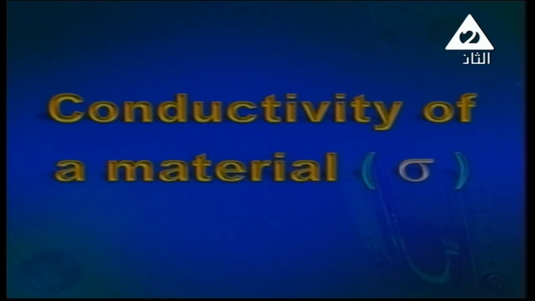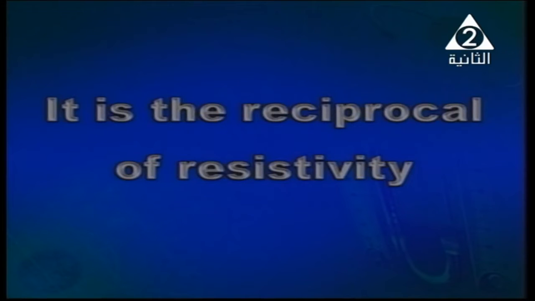And now talking about the conductivity of a material. It is sigma. It is the reciprocal of resistivity, so it depends on two factors only: kind of material and temperature. Sigma equals 1 over rho.